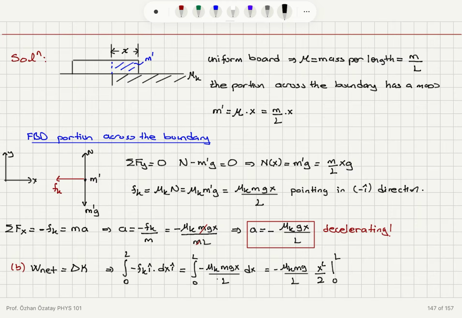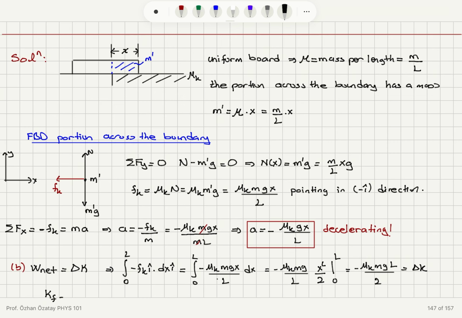Evaluated between 0 and L, this becomes minus mu k m g L divided by 2, because one of the L's will disappear, and that must be equal to the change in kinetic energy of the system.